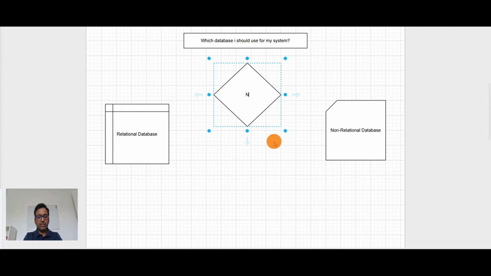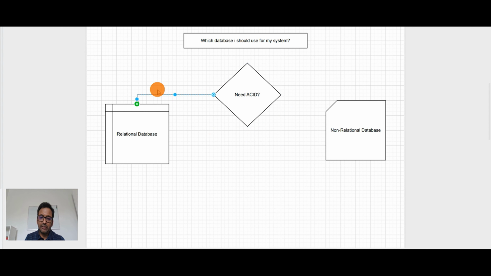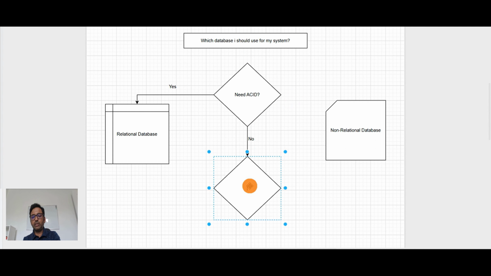One is, do I need ACID? ACID is atomicity, consistency, isolation, and durability. If I need ACID and the answer is yes, then we need the relational database. And if the answer is no, we go to the next question.